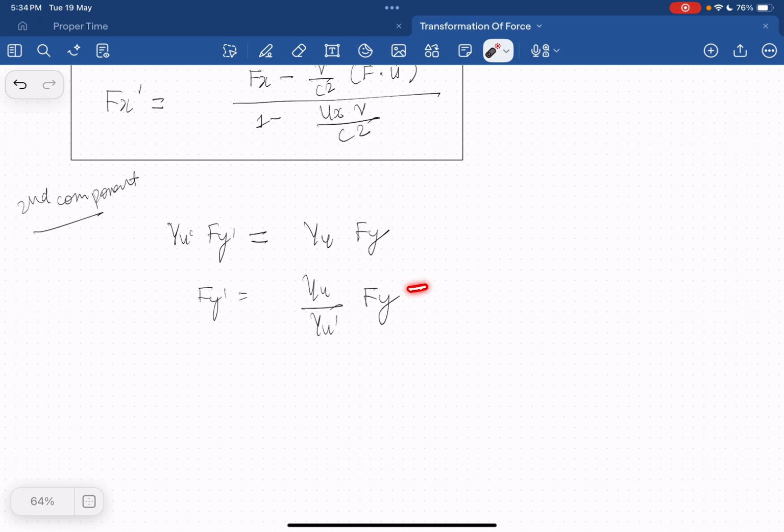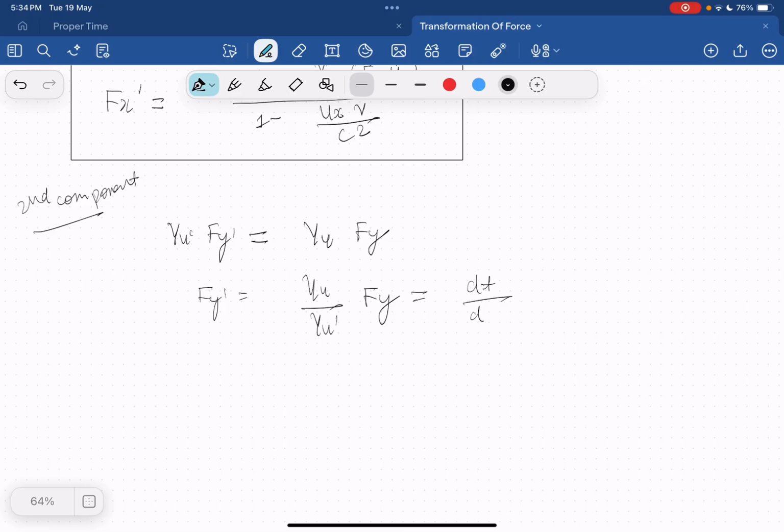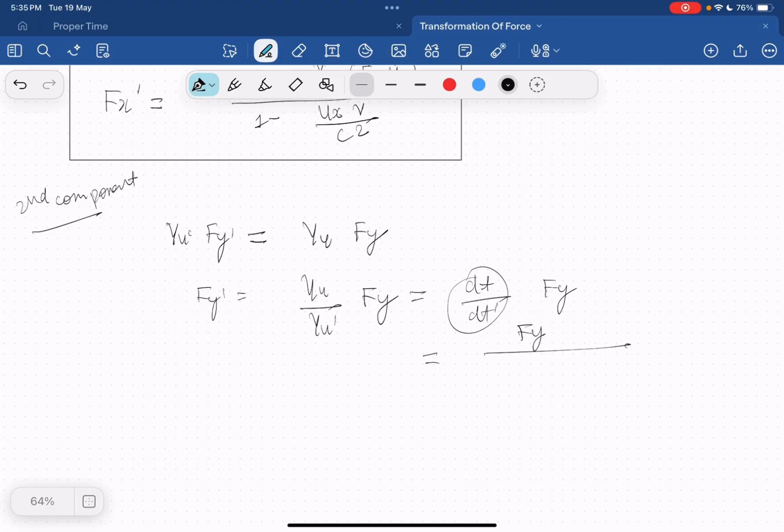So this is your dt by dt prime fy, and this thing we know comes out to be gamma v.